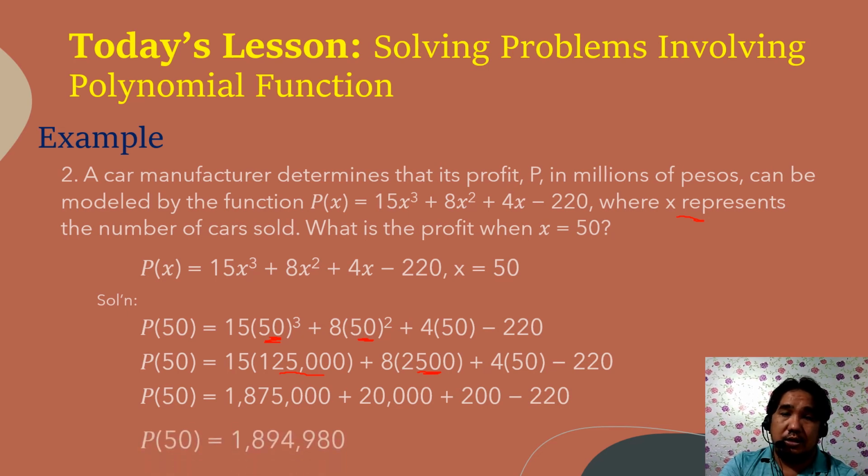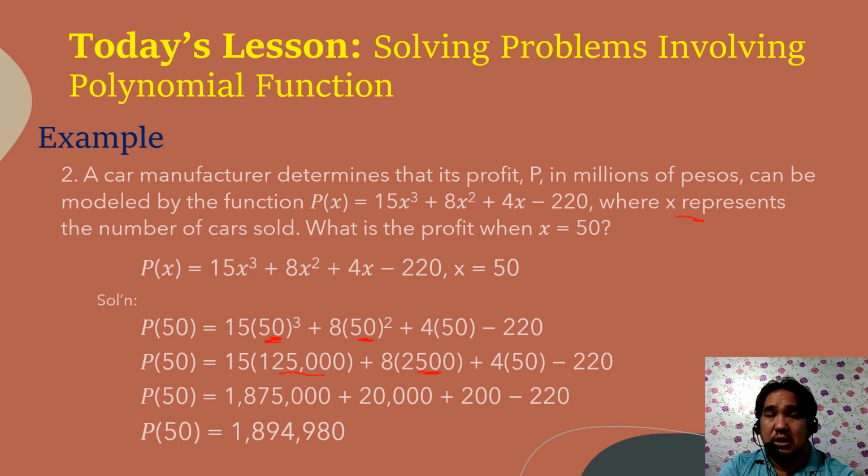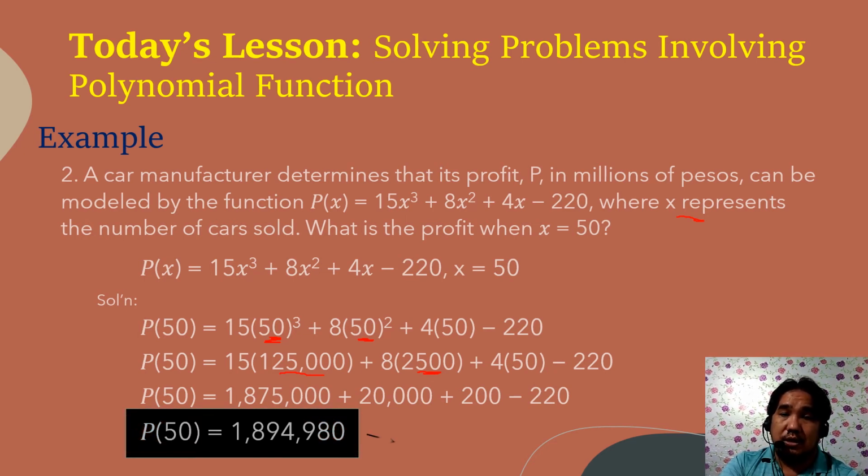To sum it all, if we get the sum of all the numbers here, it will give us 1,894,980. And this is actually the profit gained when there are 50 cars sold. Okay, I guess this is quite simple.